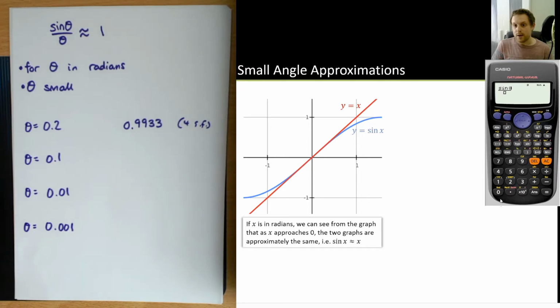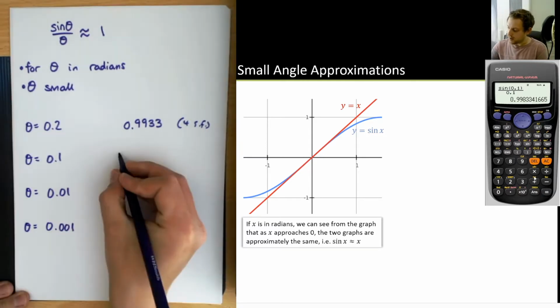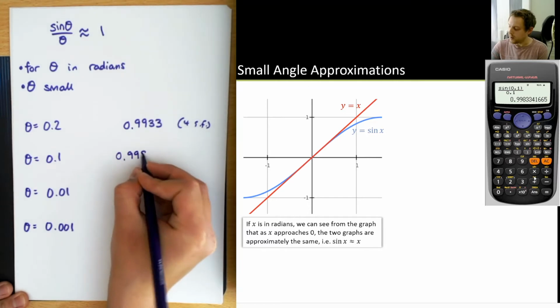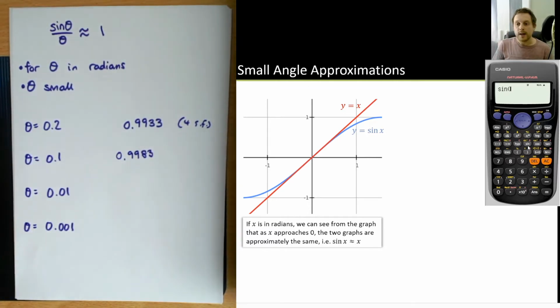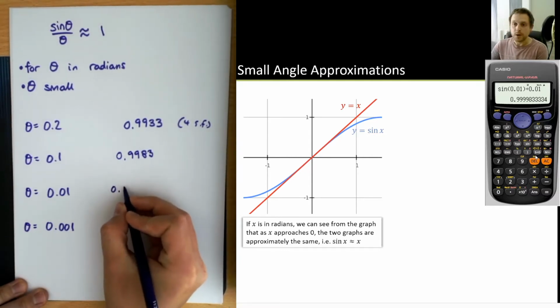So sine of 0.1 over 0.1, and we're closer still. We've gotten a bit closer there. Sine of 0.01 divided by 0.01, much closer.